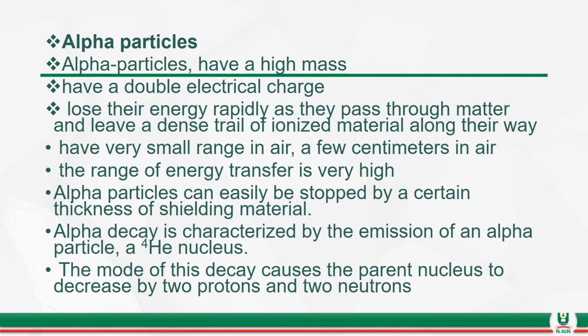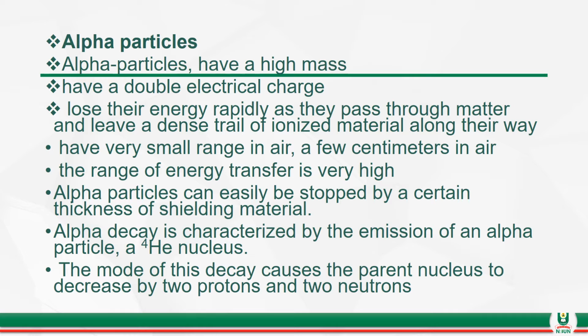Alpha particles. We are looking at the features of alpha particles. Alpha particles have a high mass and a double electrical charge. Alpha particles lose their energy rapidly as they pass through matter and leave a dense thread of ionized material along their way.